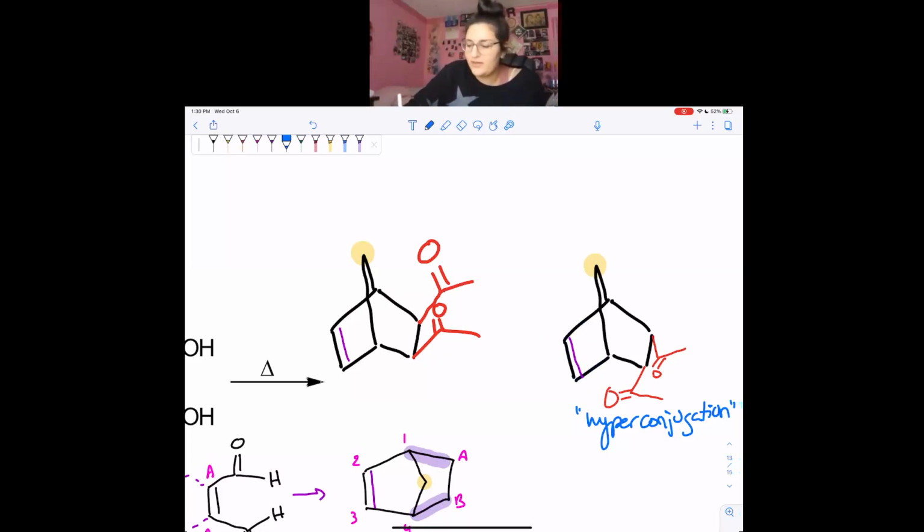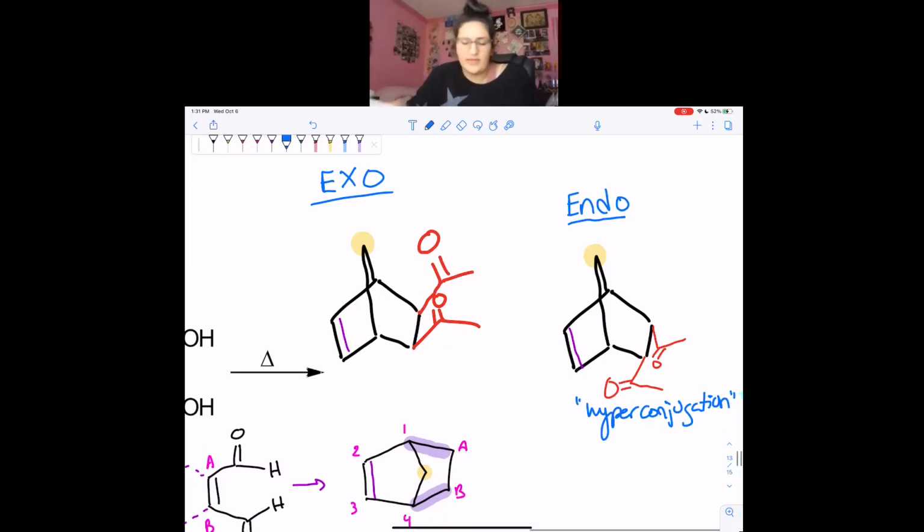So we can call this the endo product because its substituents are pointing into the ring, versus this guy is the exo product because the substituents are pointing out away from the ring. And kind of what I was alluding to was that this is the more stable option because of hyperconjugation.